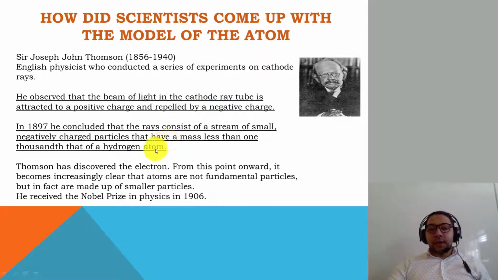That's why it got deflected when it came across electrons. So Thomson discovered the electron. From this point onward, it became increasingly clear that atoms are not fundamental particles, but consist of smaller particles, and this was one of the reasons why he took the Nobel Prize in Physics.